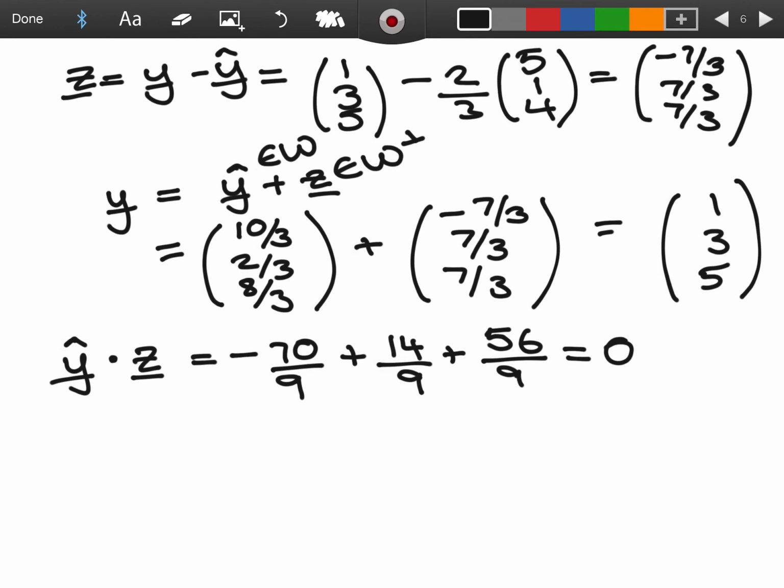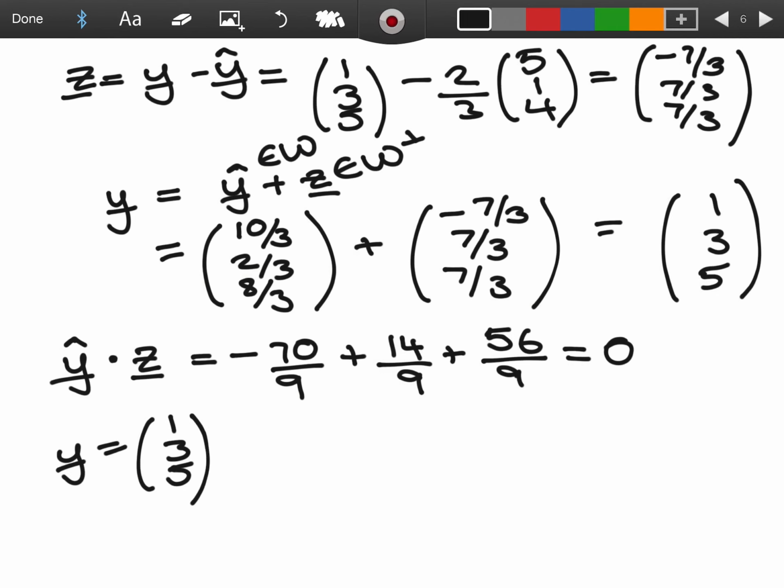What else do we know? Y hat must be the closest point to y that actually lies in W. So y is 1, 3, 5.